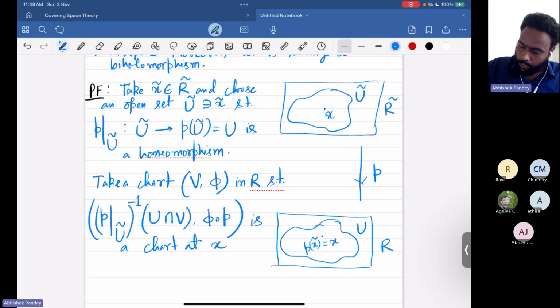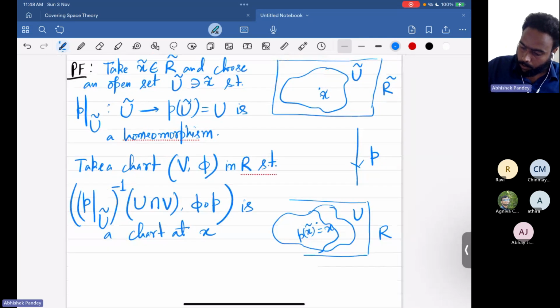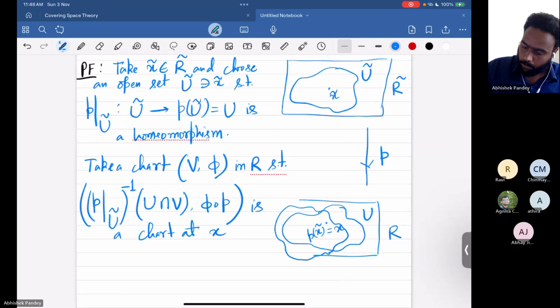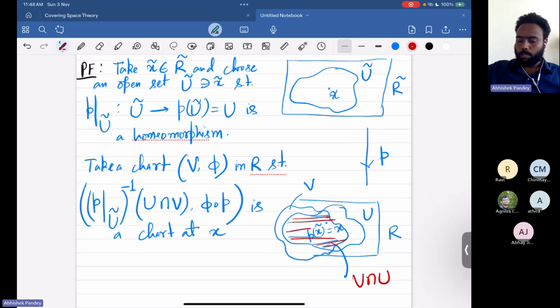Let us say this is V, and this red part is V intersection U. Again, R is a surface, so we can take a chart around this point x, and I am taking that chart as V comma phi.